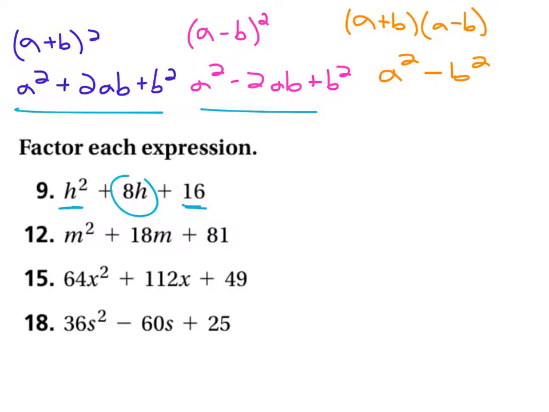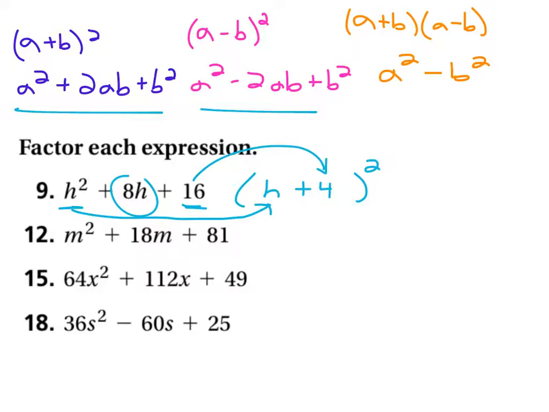So what we think we're going to get is something plus something, squared. And we'll check it in a second, but how do we find it out? Well, what is the square root of h squared? It's h. And what's the square root of 16? It's 4.